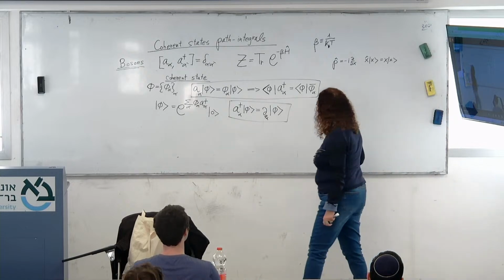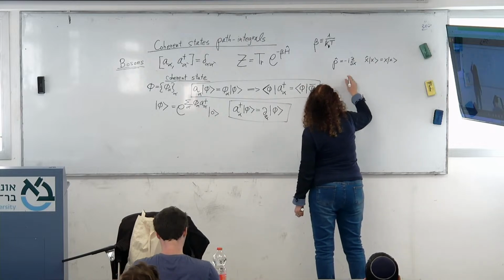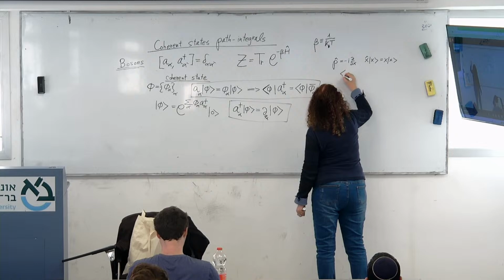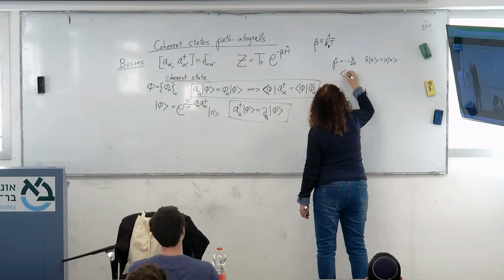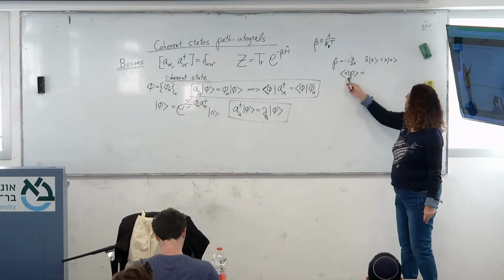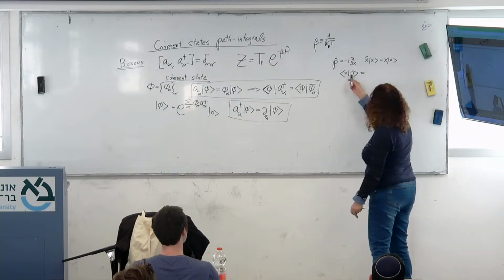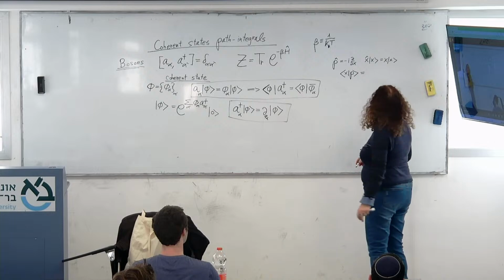And for that reason, if you write the overlap between X and P, the overlap of a state with well-defined P and well-defined X, we already used it last week.